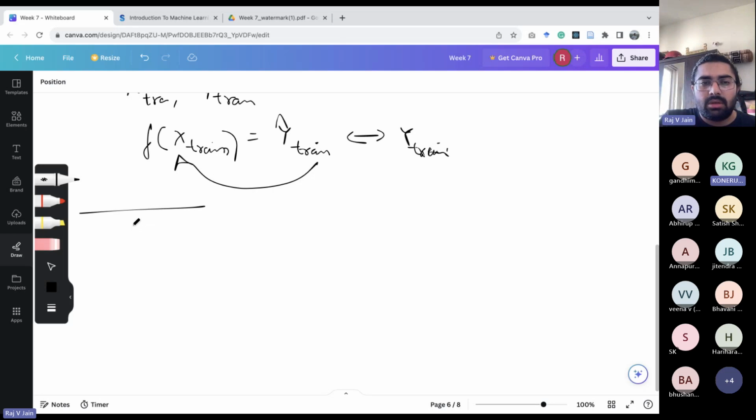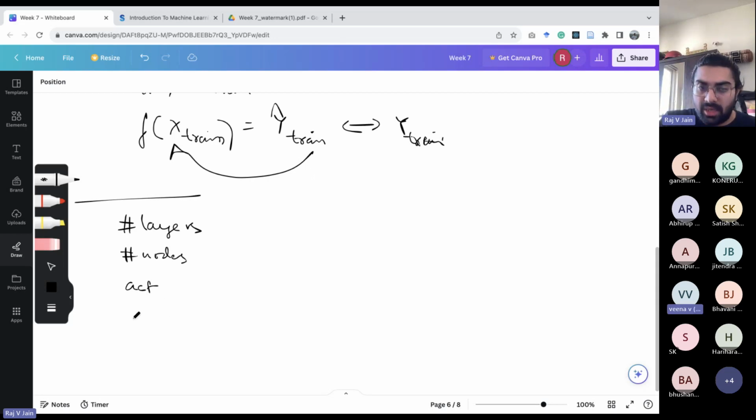So yes, the number of layers, the number of nodes in each layer, your activation function, your initialization approach, whatever you use, all of these become part of your hyperparameters.